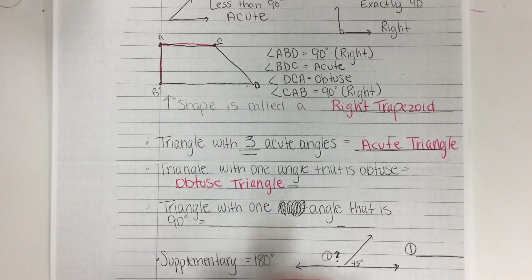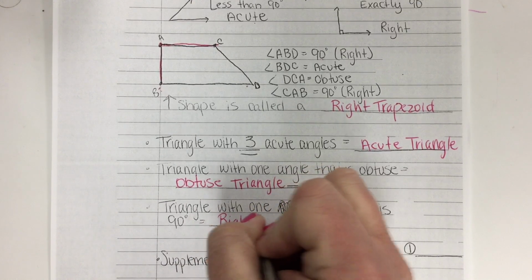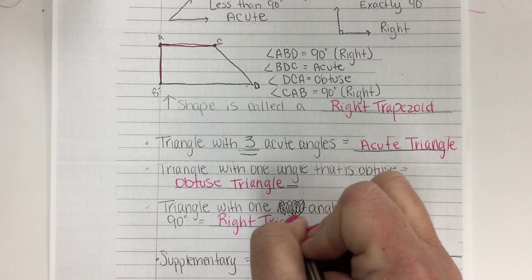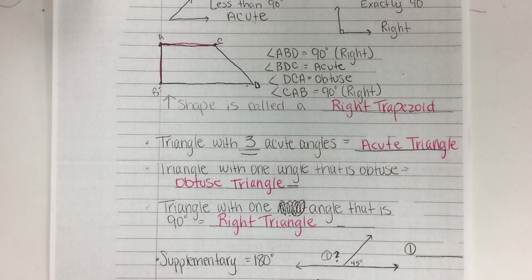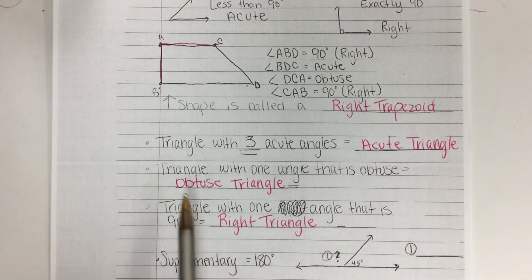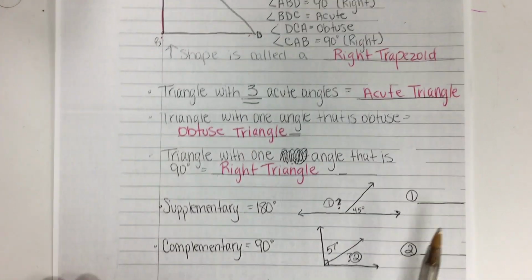Well, if it's 90 degrees, it is a right triangle. Okay? So, if all of them are acute, it's an acute triangle. If 1 is obtuse, it's an obtuse triangle. If one of the angles is right, it's a right triangle.